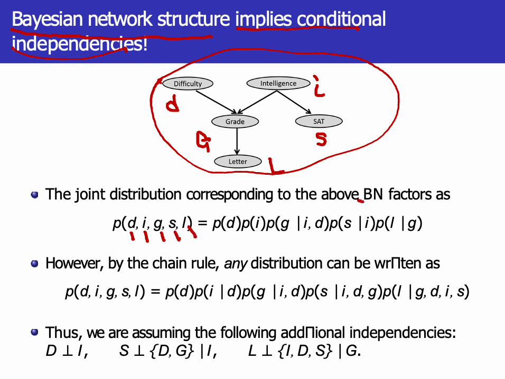And we call these the Bayesian network factors. We have P(D), P(I), P(G | I, D), P(S | I), P(L | G).